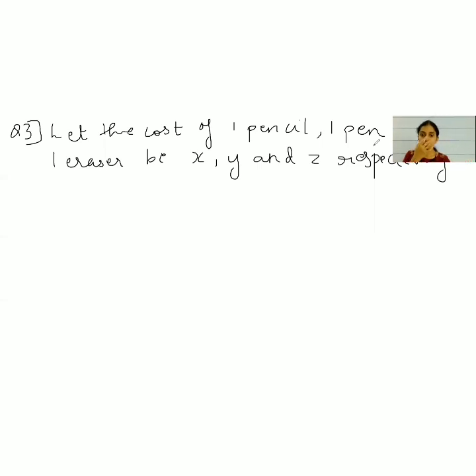Or simply you could say cost of one pencil equal to x, cost of one pen equal to y, and cost of one eraser equal to z. Okay. The next thing would be to write the equations and then the matrix form.